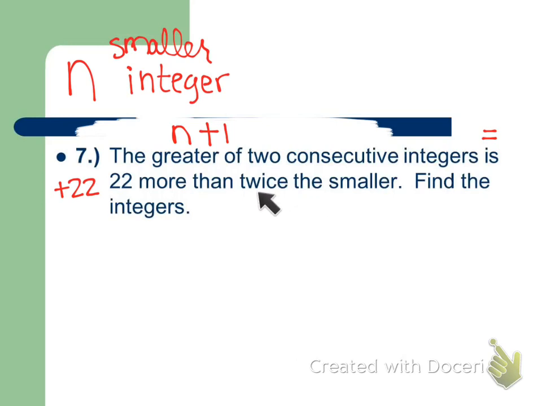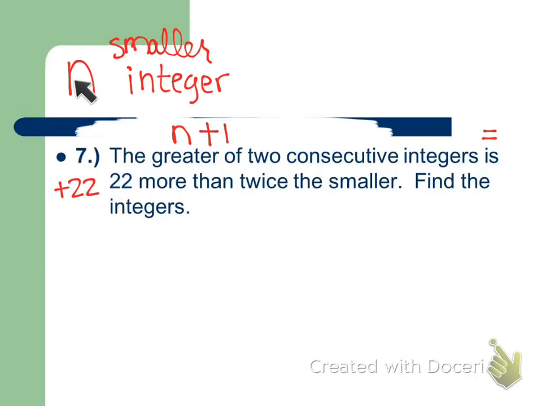Jalen, what do you think twice means we should do? Multiply by? Not by 22. Twice, Ellie? N and what number? 2. Okay, twice means multiply by 2. That's a special word because we just have to kind of inherently know that. It's not like there's the word times or the word of. So twice, we need to think of times 2.